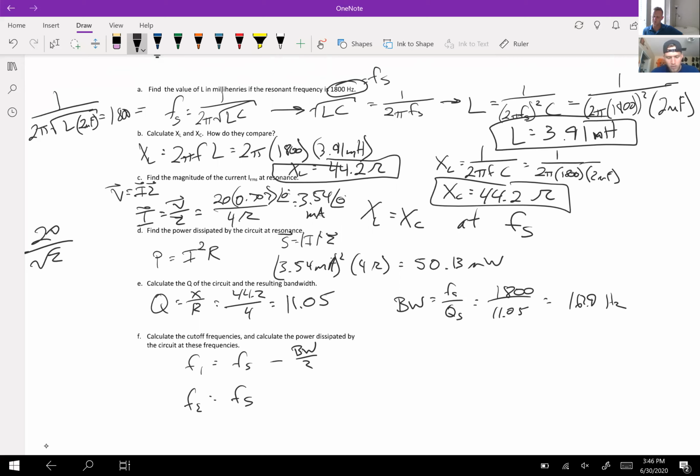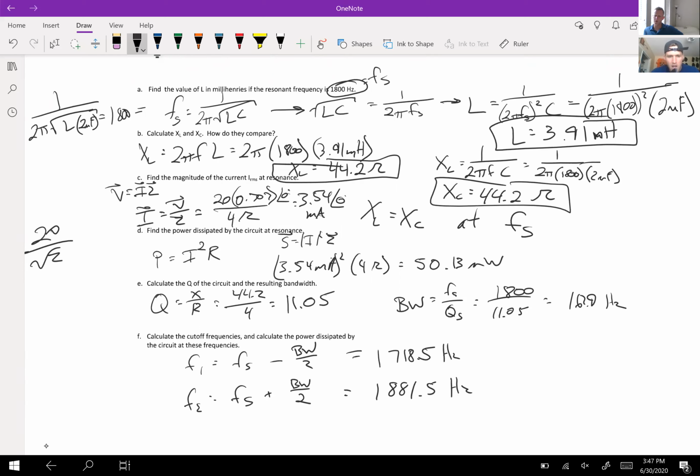F2 is equal to Fs plus the bandwidth divided by 2. I'll just write those answers because that's pretty easy math. If I do the right one first, 1881.5 hertz, and 1718.5 hertz.